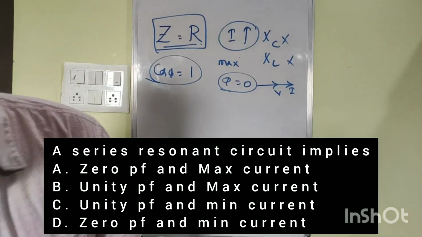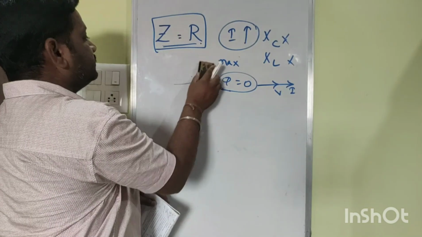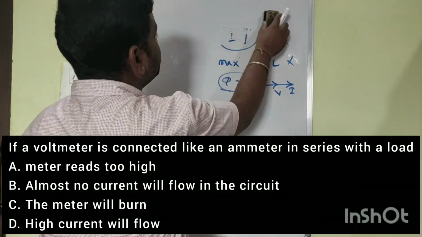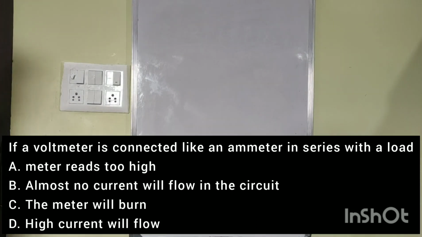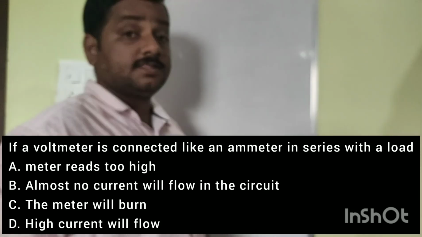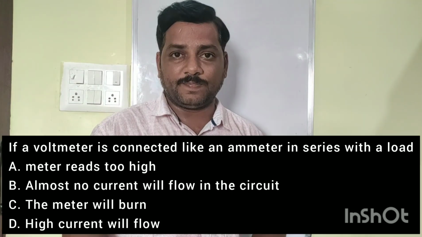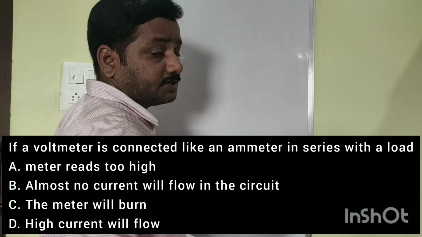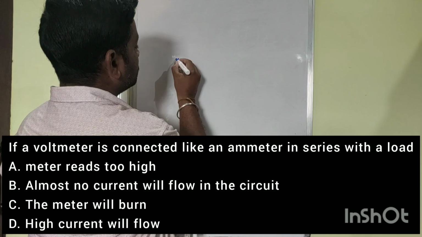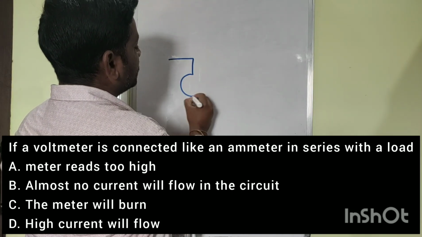Okay. Now let's read another question here. So this is something tricky again. It is about the voltmeter and ammeter. So look at this. If a voltmeter is connected like an ammeter in series with a load, what is going to happen? Generally in laboratories, you might have designed some circuits, and elements will be connected like this.